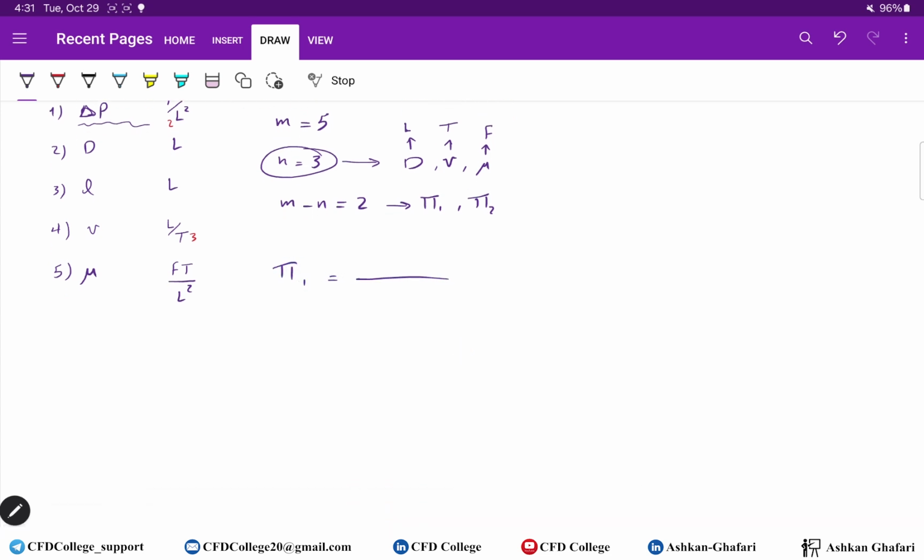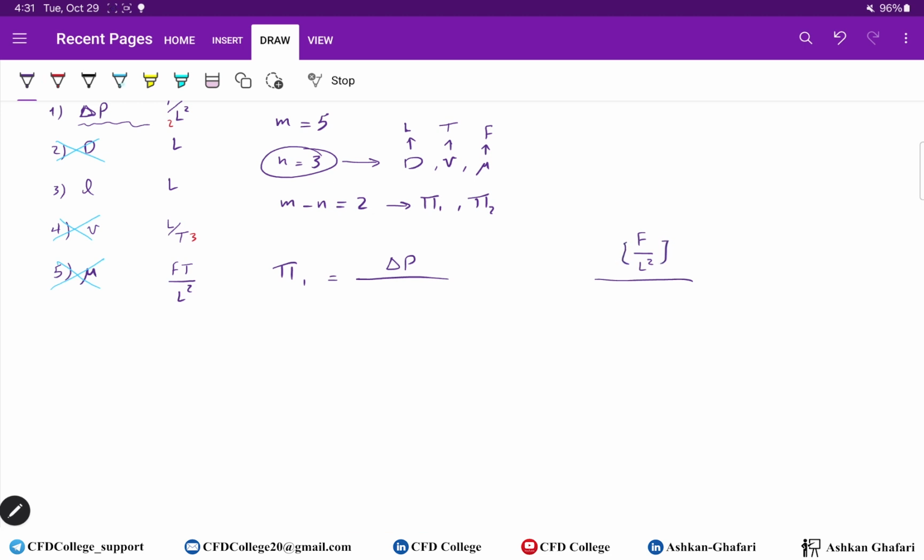Okay, now let's find pi 1 and pi 2. Pi 1 equals, we should start from delta P because D, V, and mu are gone. Delta P, the unit is F over L square.